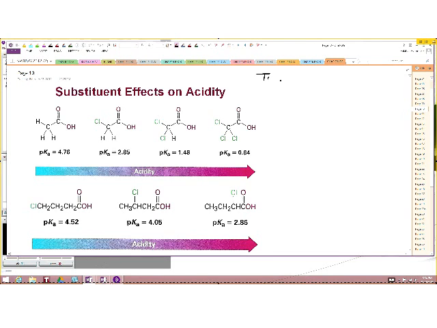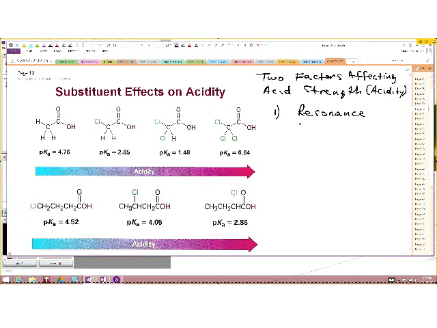Those two factors affecting the acid strength, or acidity, of organic compounds are: one is resonance, and the other is inductive effect.